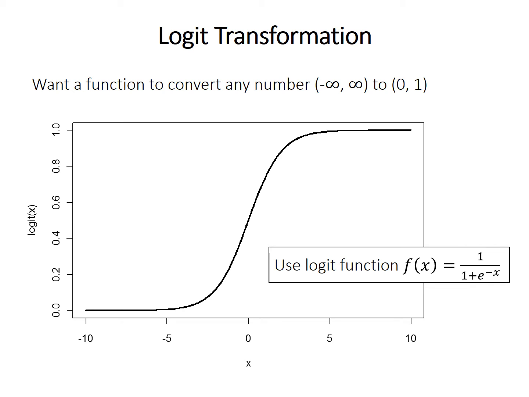And so one way is to use a function to transform the numbers from the range between minus infinity and positive infinity to the new range of between 0 and 1. So a function is just an equation that maps numbers from one range, called a domain, to a different domain. So we're going to map numbers from the domain between minus infinity and positive infinity to the new domain between 0 and 1. And logistic regression uses a function called the Logit function, which is this equation given here.